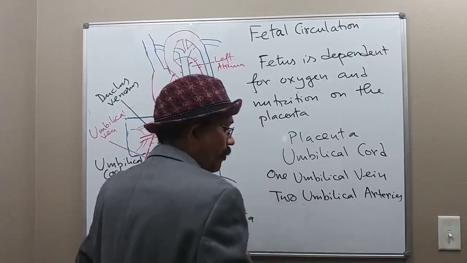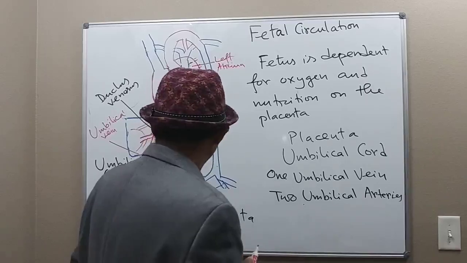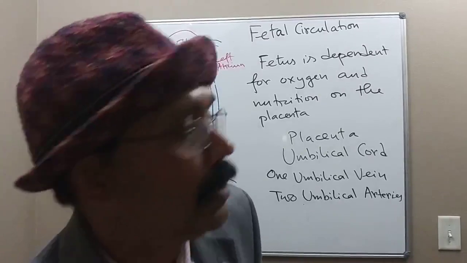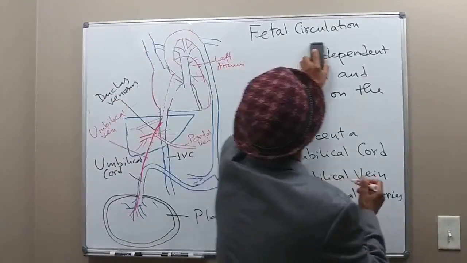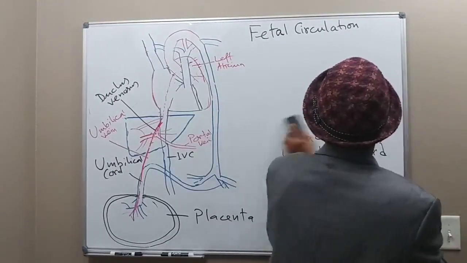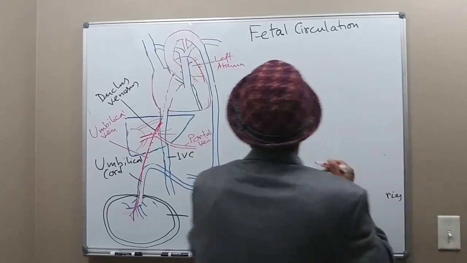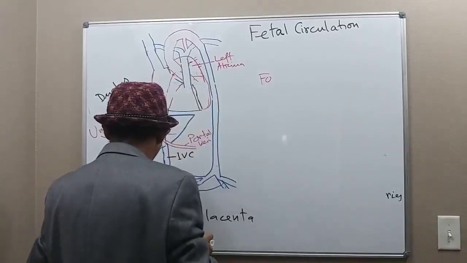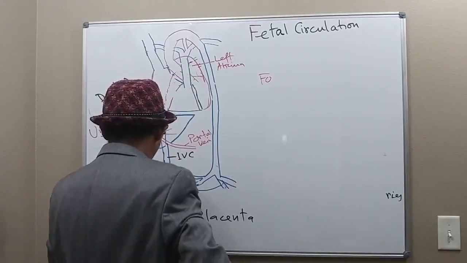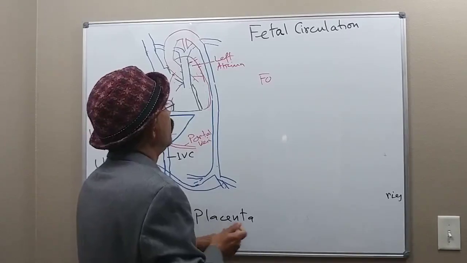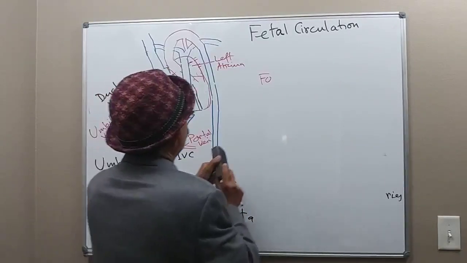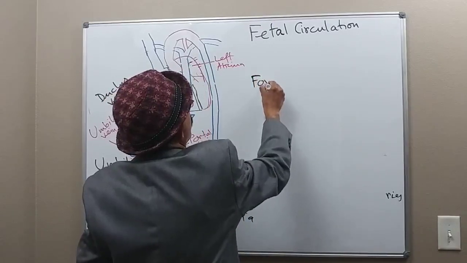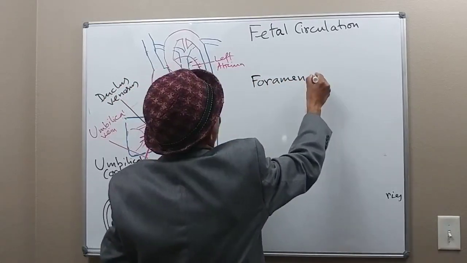So what is the foramen ovale? The foramen ovale is a gap in the septum secundum. We have the foramen ovale, and it is the gap in the septum secundum.